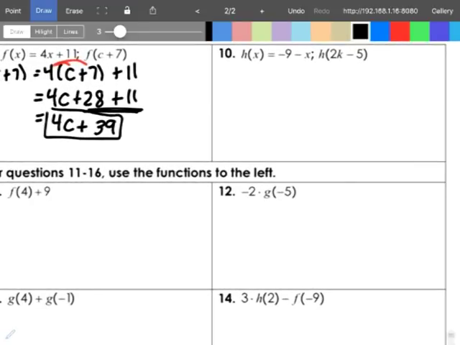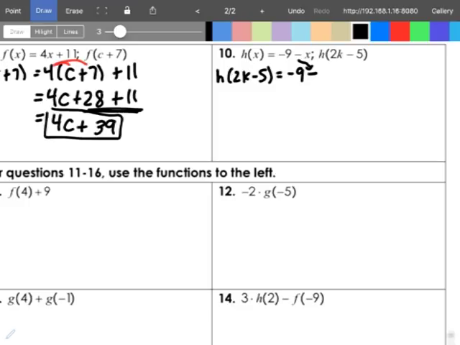Okay, let's try 10. So 10's kind of the same thing. We have that 2k minus 5, and we're substituting that in every single time we see an x. Okay, so h of 2k minus 5 equals negative 9. I don't see an x yet. Minus, okay, here's my x right here. Now that minus came from the formula already.